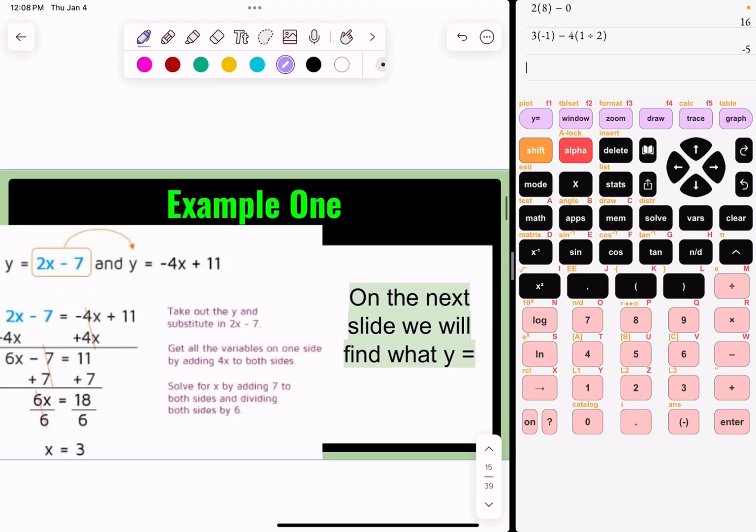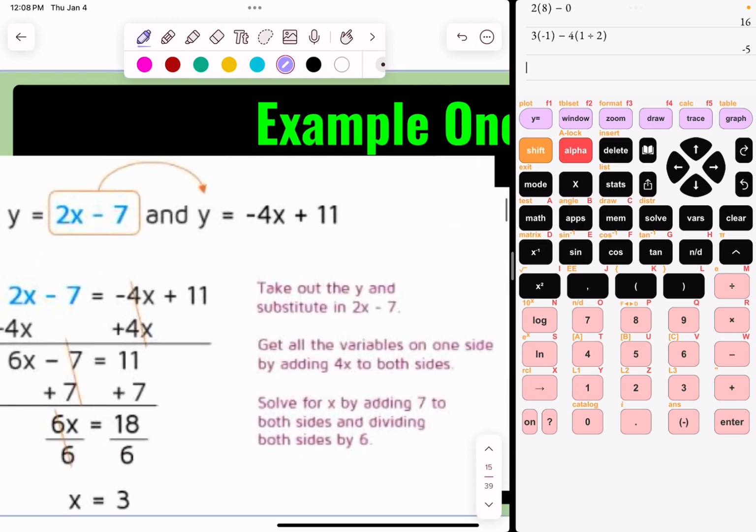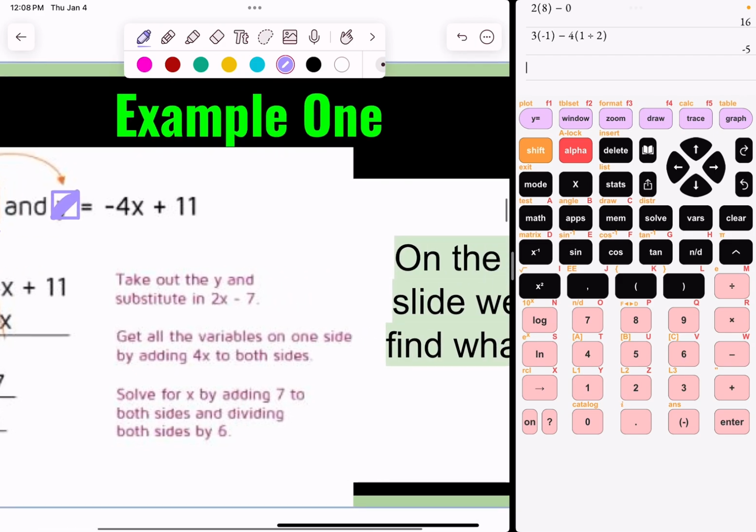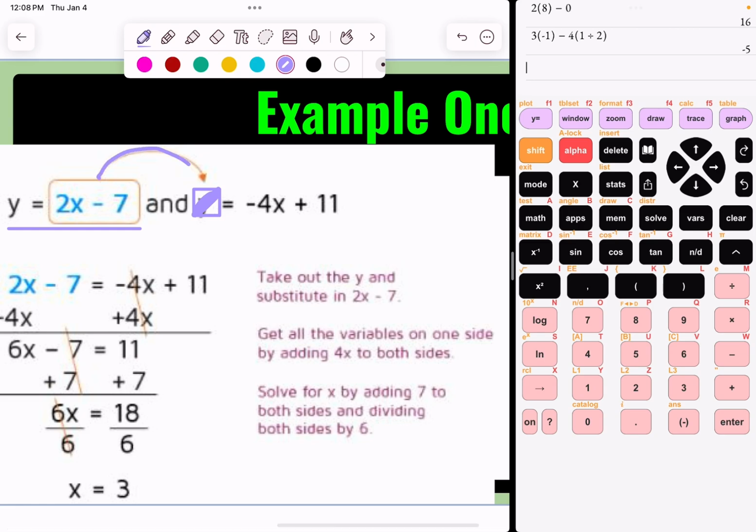All right, here is an example. We have these two equations, y equals 2x and y equals negative 4x plus 11. All we are going to do is, this is our first thing that we were told, it's already in y equals form. Now, we are going to take this second equation, but when we see y, we're going to cross it off, and we're going to put what the other equation tells us that y equals.